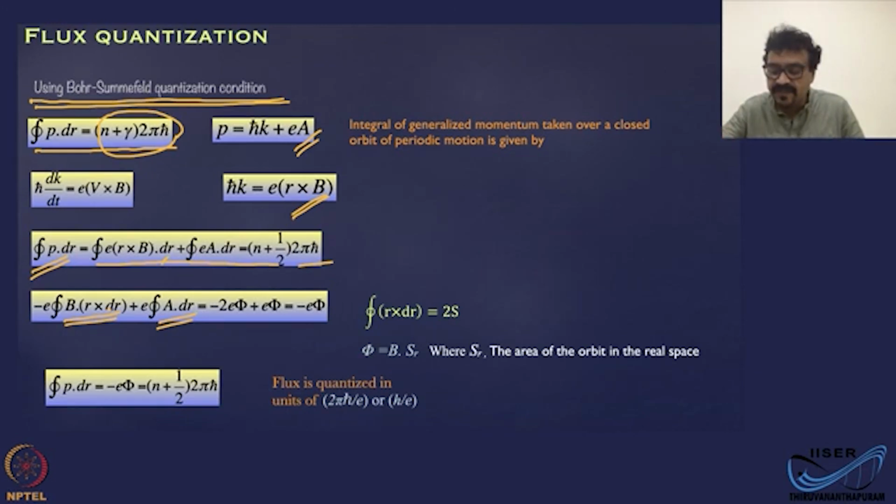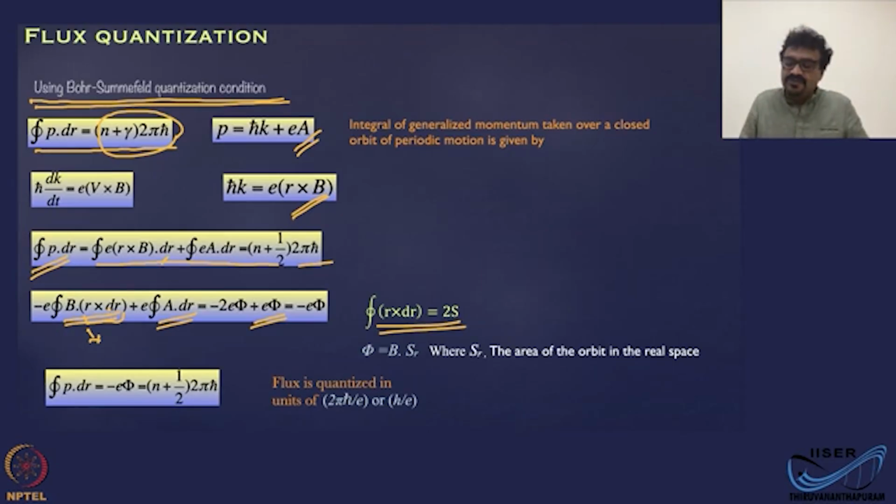That you can replace with the area integral. That will be the flux enclosed, and this term here is nothing but twice the area of the orbit. R cross dr is 2S. That's simple mathematics which calculates the area of the orbit.